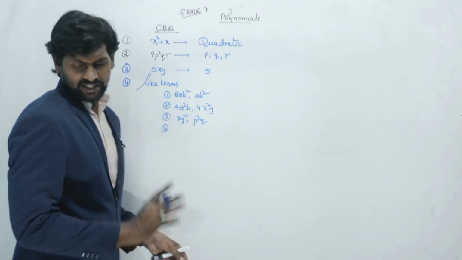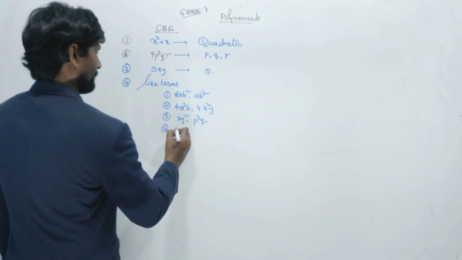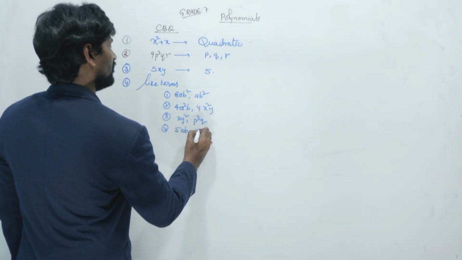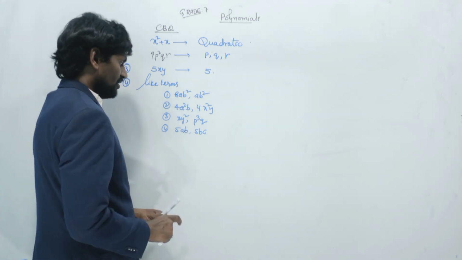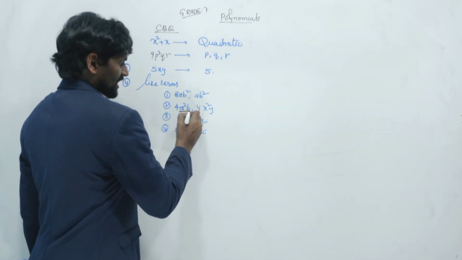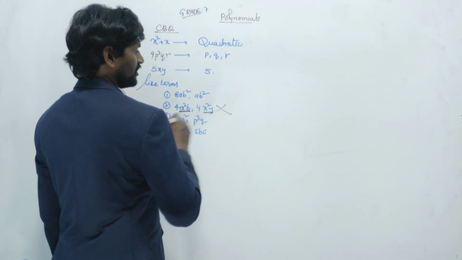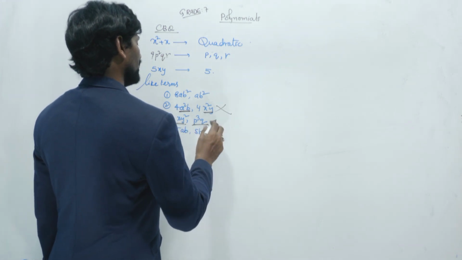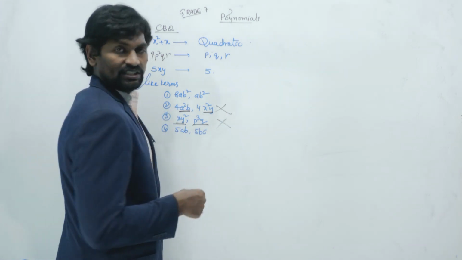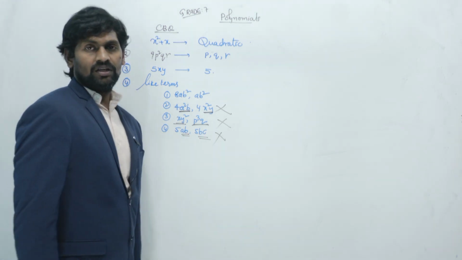And the fourth option is 5ab, 5bc. Check the variables. A and B are variables here, x and y are variables, different variables, they are not like terms. Here, xy square, xy, pq, different. AB, BC, different. Okay?